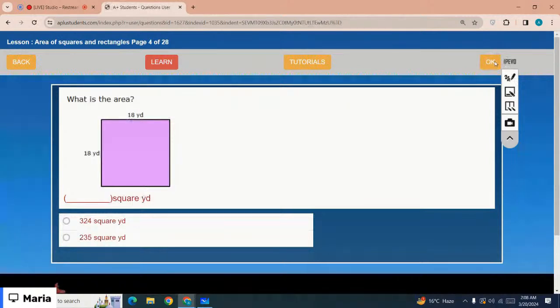The next one is what is the area? You are given a square. So which is the correct option?